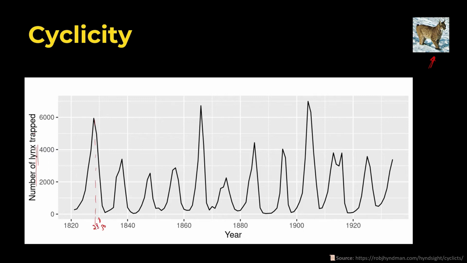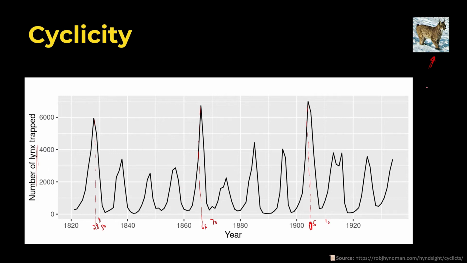Then the sharp increase happens here. If this is 70, this could be 66. Then again it happens here, maybe 95, 1905.